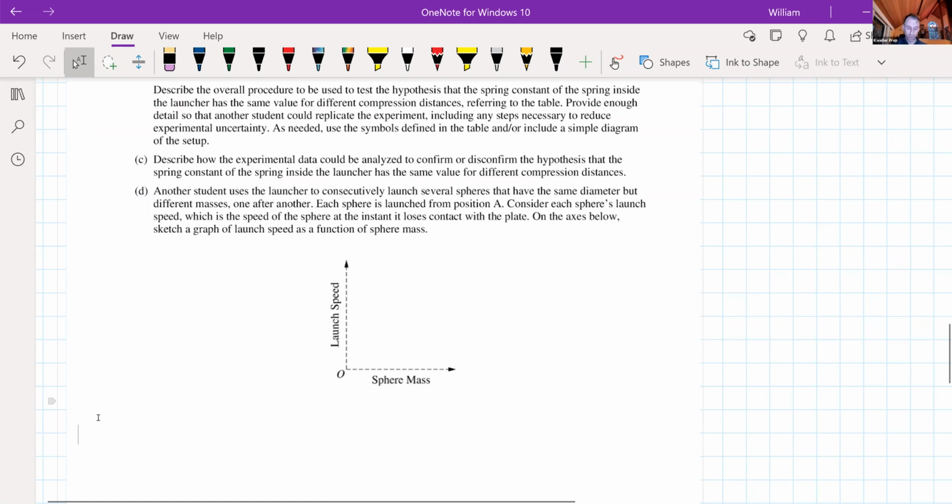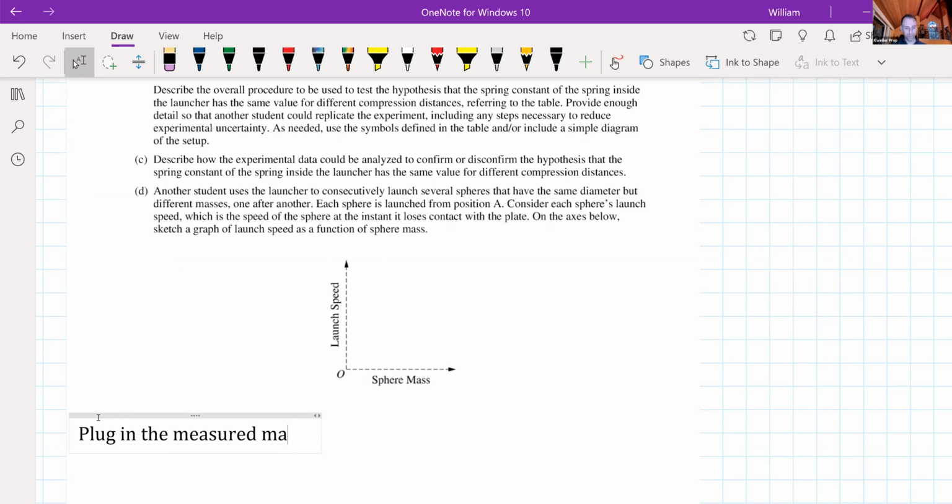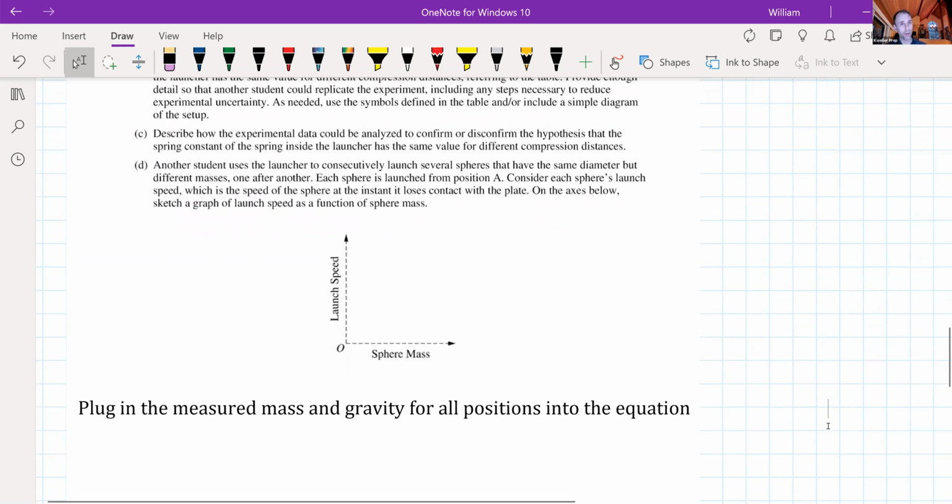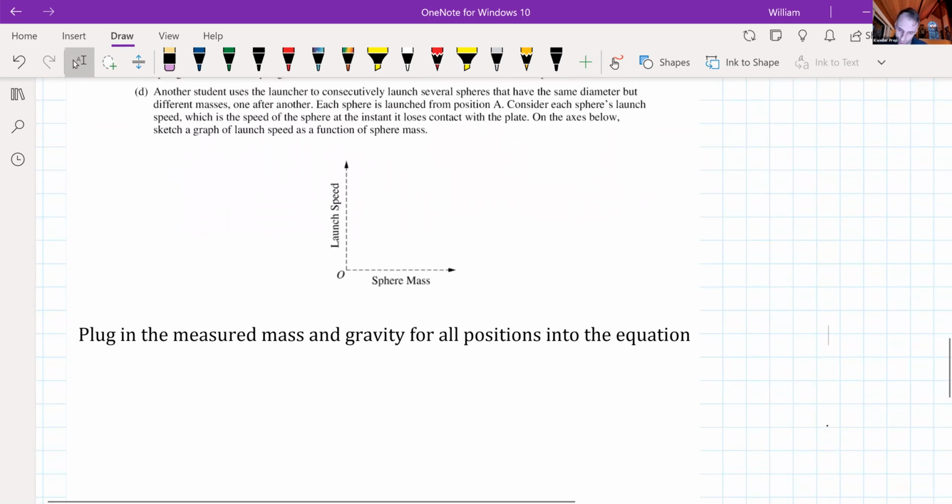You would say, all right, well, plug in the measured mass and gravity for all positions into the equation. And again, I'll speak with words and equations juxtaposed: into the equation k equals 2mg over x squared.